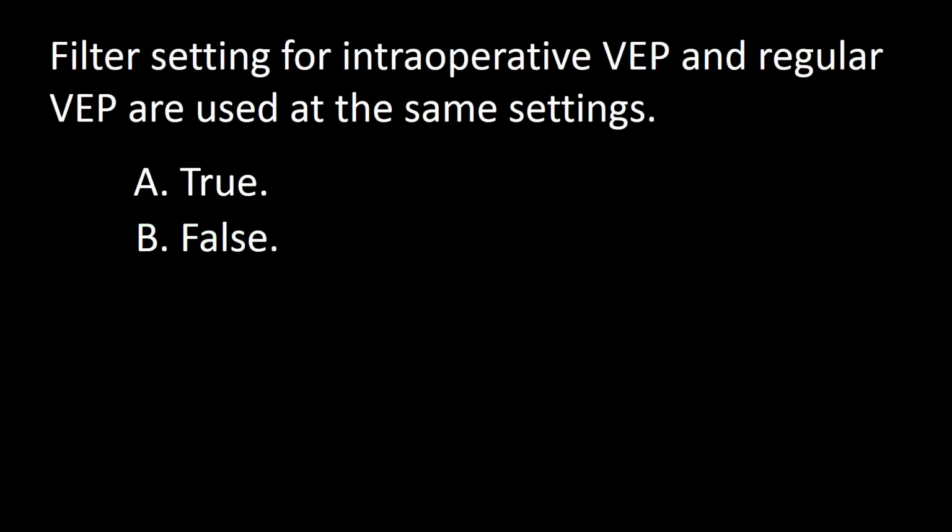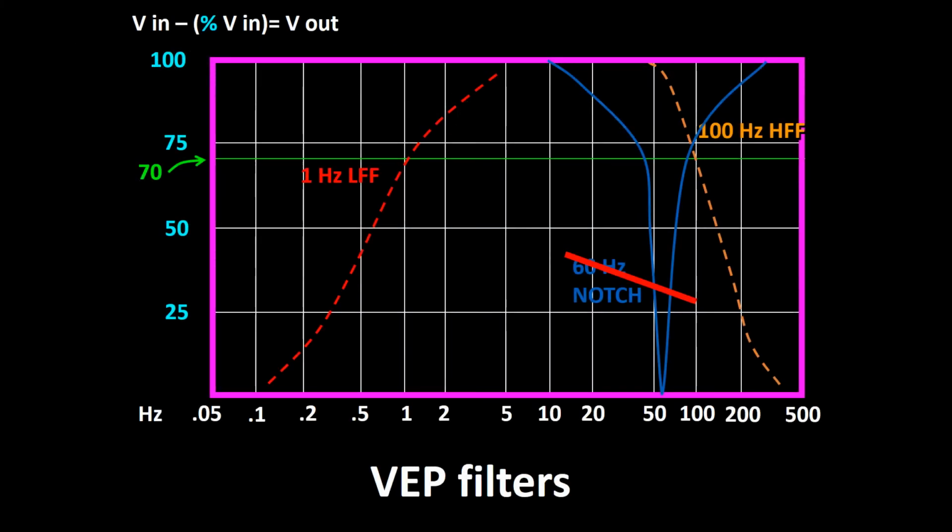Next question. Filter settings for intraoperative VEP and regular VEP are used at the same settings. A true, B false. Regular VEPs are recorded using low frequency filters set at 1 Hz and high frequency filters set at 100 Hz. Notch filters are not used.